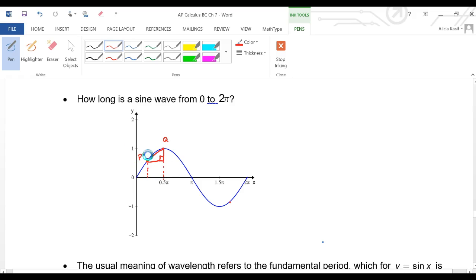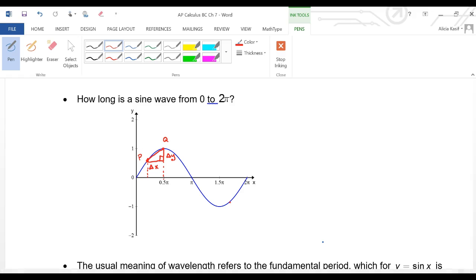This is like the change in x. This is the change in y. And so what would the hypotenuse be?